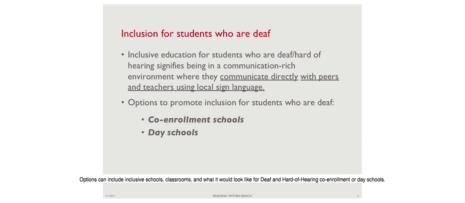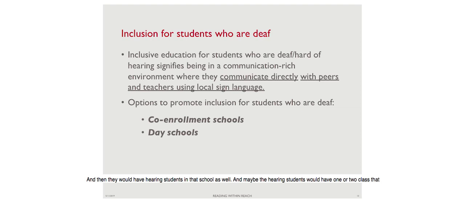Options can include inclusive schools and classrooms, and what it could look like for deaf and hard of hearing children could be co-enrollment or day schools. And how those are different from regular school: the co-enrollment school could include bilingual schools, where most of the day they're taught directly in sign language, and they would have hearing students in that school as well.